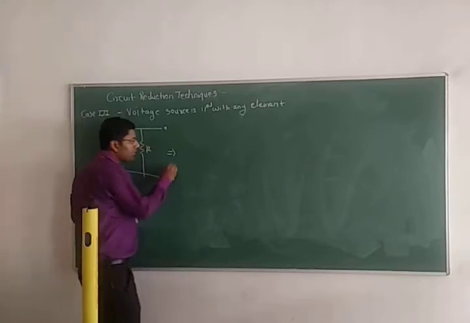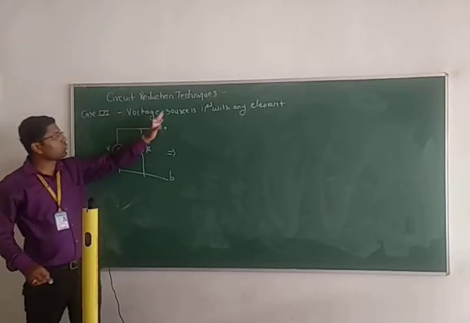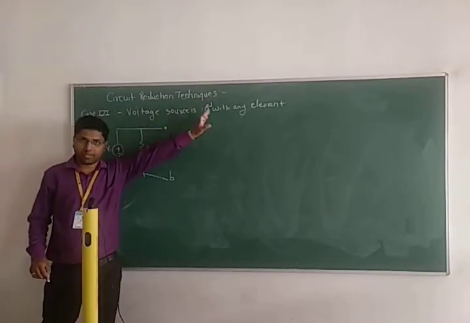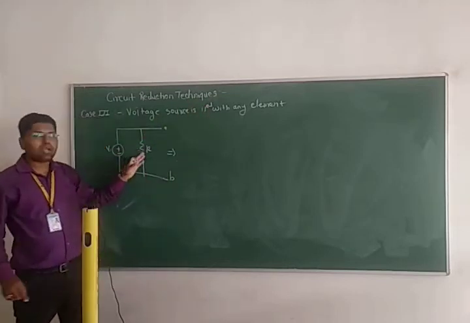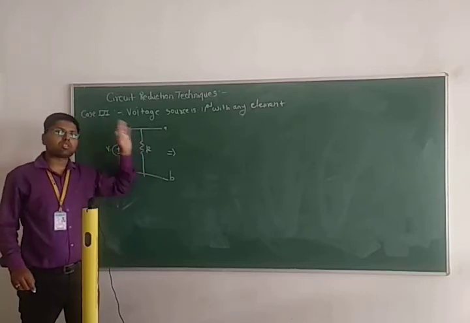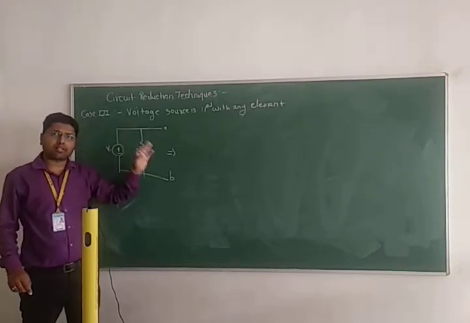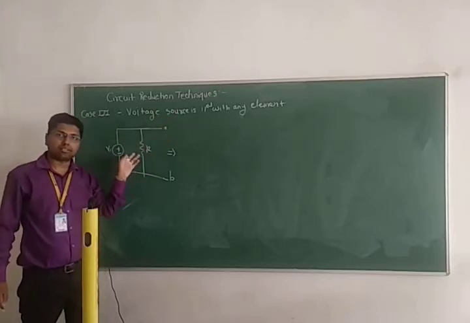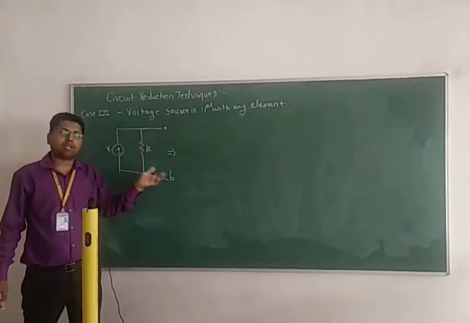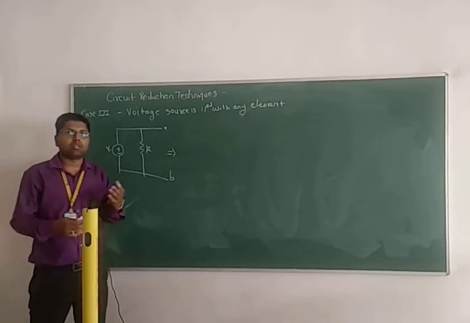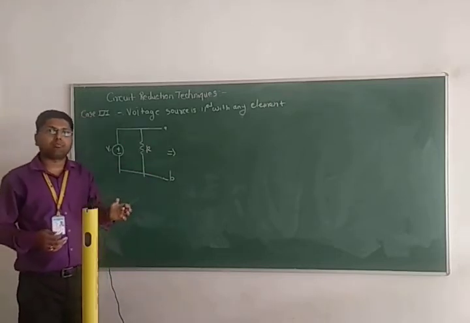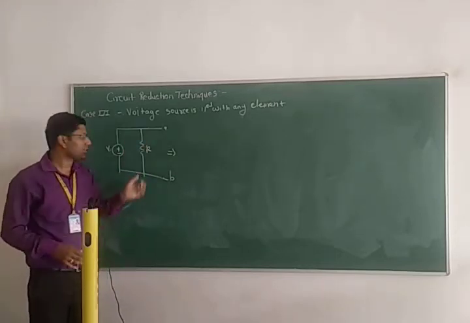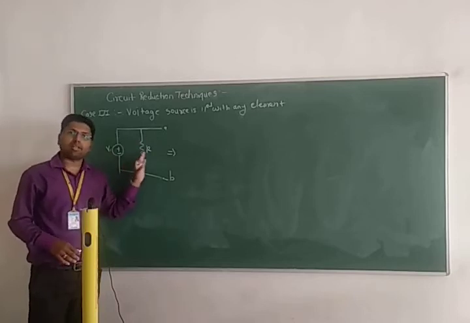Now that is voltage source in parallel with any element. Any element means any voltage source, current source, or any resistor, inductor, and capacitor. Any element can be that. But I am taking only a resistor. More complicated circuits we will take next, when you understand this concept.